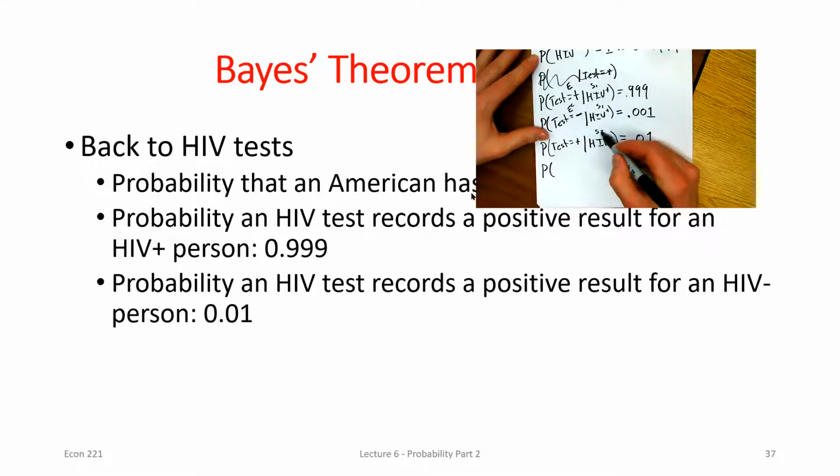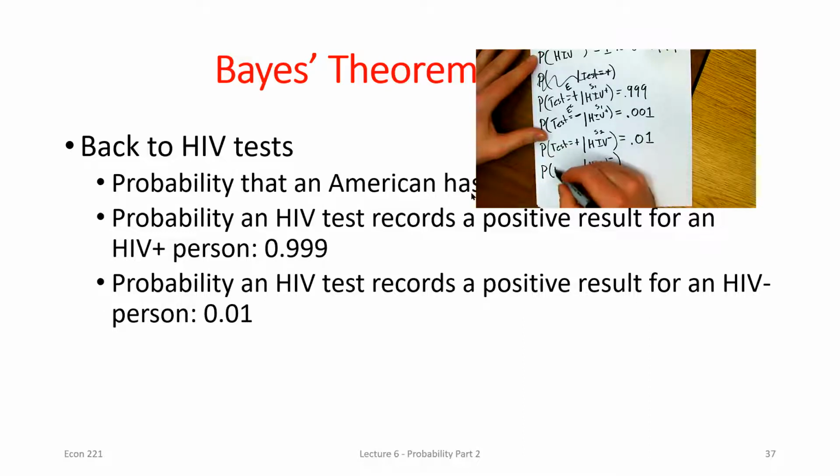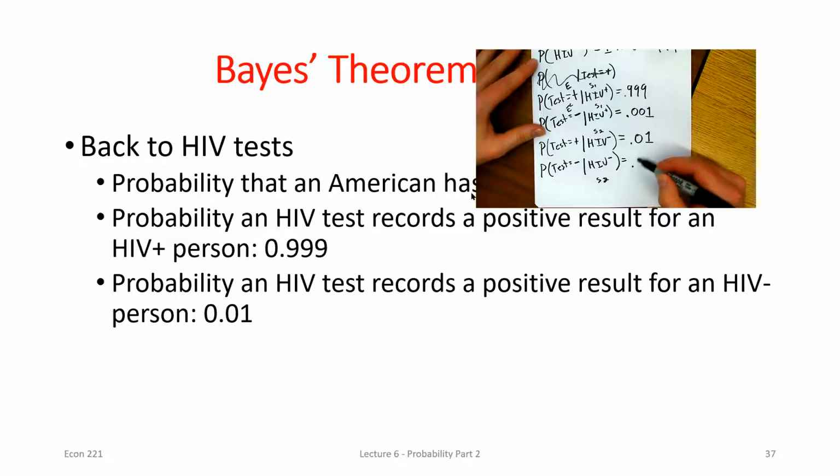And then think about it here. If this is our second state of nature, if we condition on that same state of nature, S2, what's the probability we see the other outcome of the test, or that the test shows negative? Well, if there's a 1% chance that the test comes back positive for someone who's HIV negative, then the probability that they see a negative test result if they're HIV negative would just be whatever gets us to 1, right?